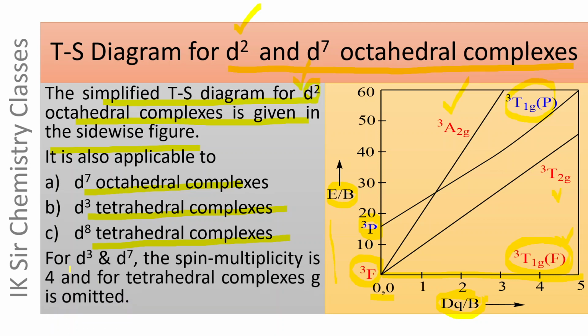However, for D3 and D7, the spin multiplicity is 4.